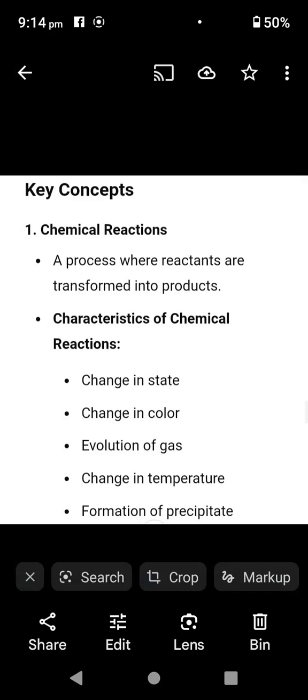If a chemical reaction takes place, there may be a change in the state, solid, liquid or gas, a change in the color, evolution of a gas like hydrogen gas, a change in the temperature, and the formation of a precipitate. Precipitate means anything which doesn't dissolve, or isn't soluble, in water.